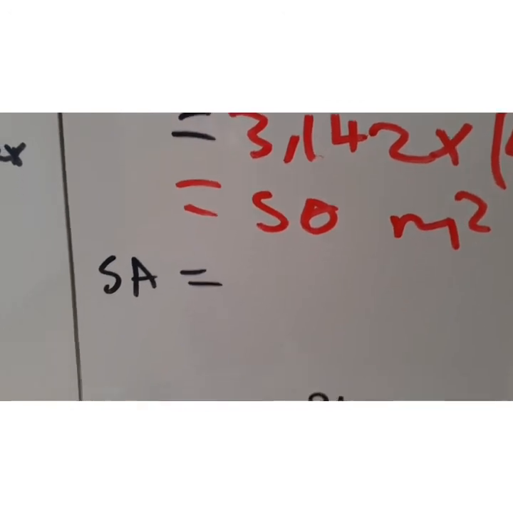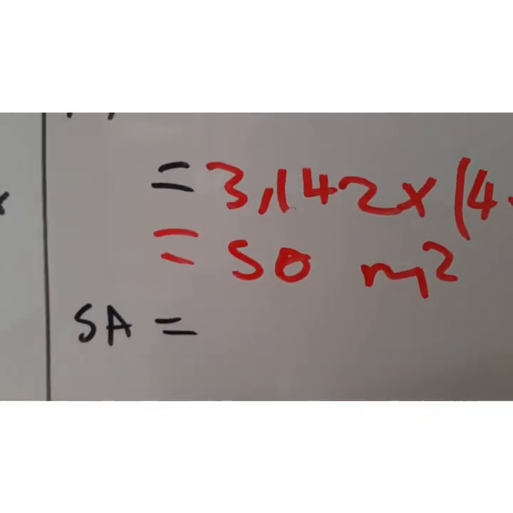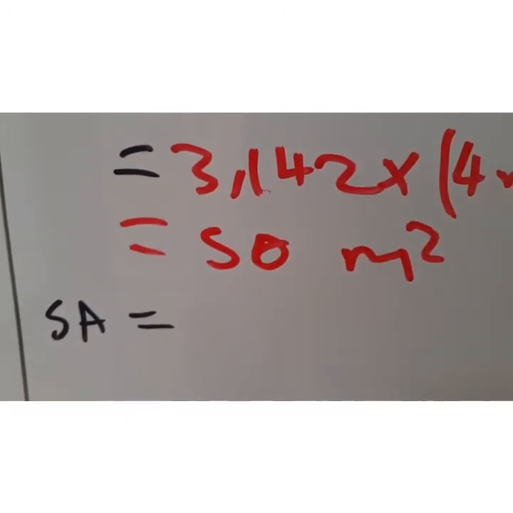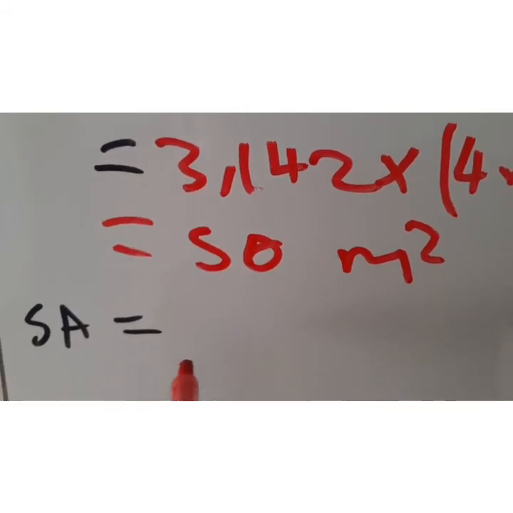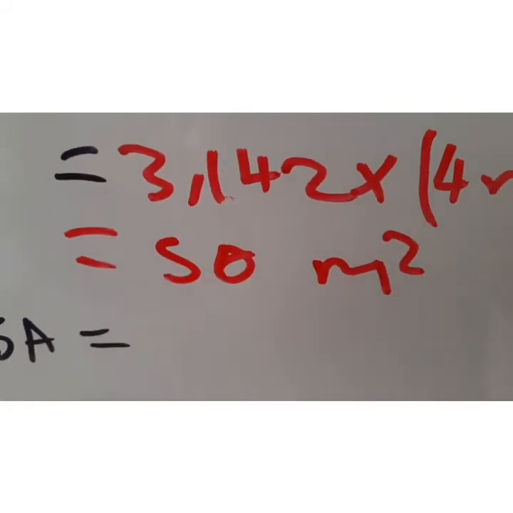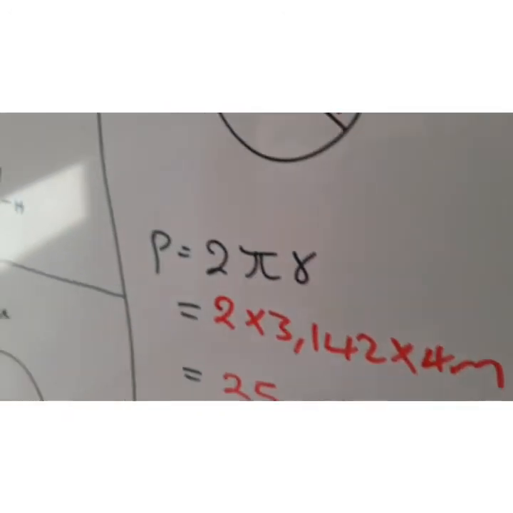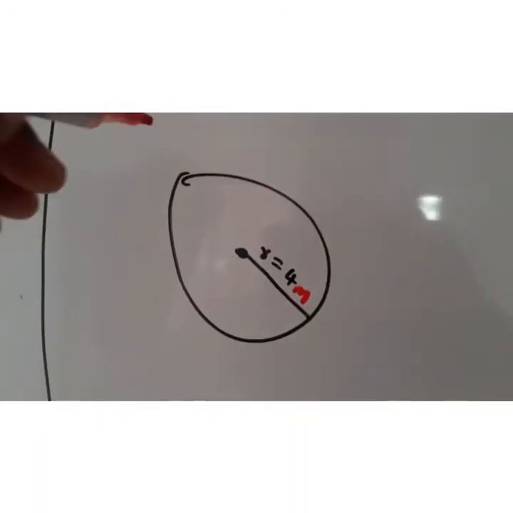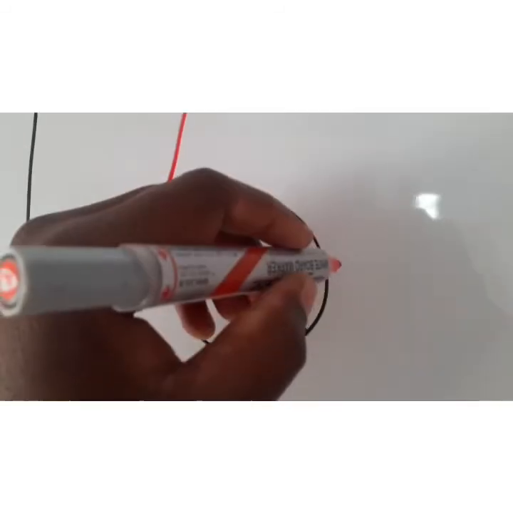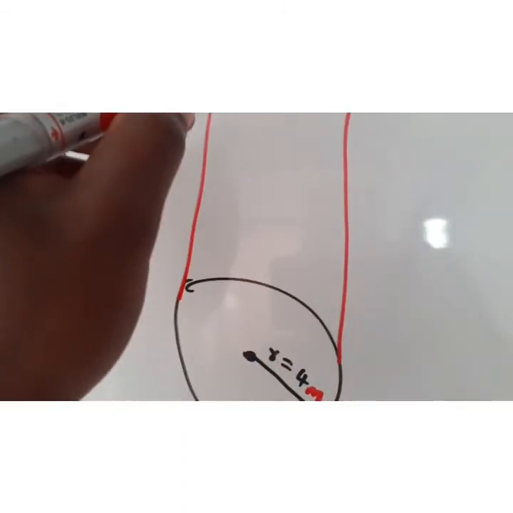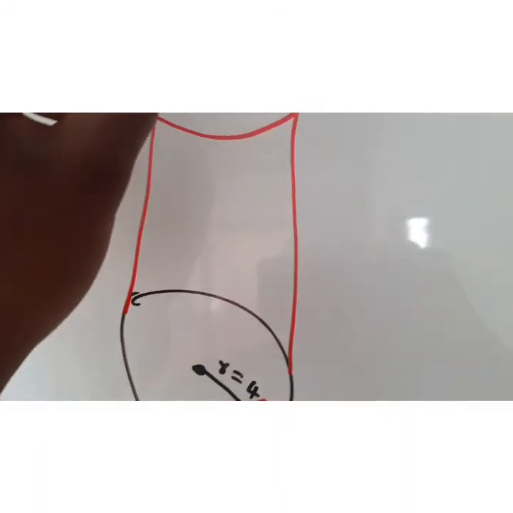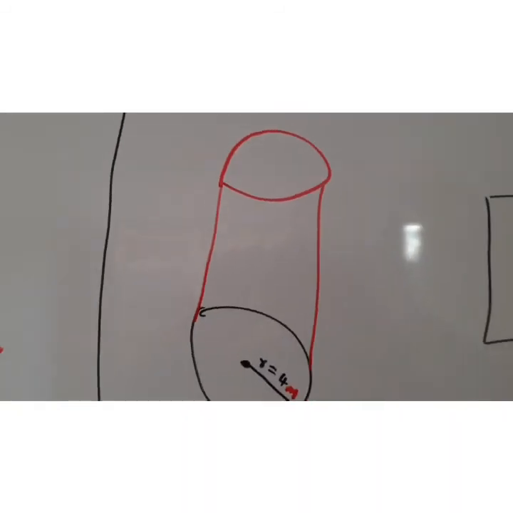Okay, then you also have your surface area. They will always give you a formula for this one. It will also be a complicated formula, but remember that in order to do this, you must have a 3-dimensional object.